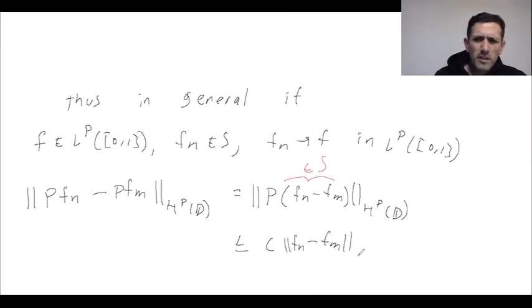So it's f_n minus f_m in L^p. Okay, so in other words, assuming, well, not assuming anything, this is Cauchy in the Hardy space.